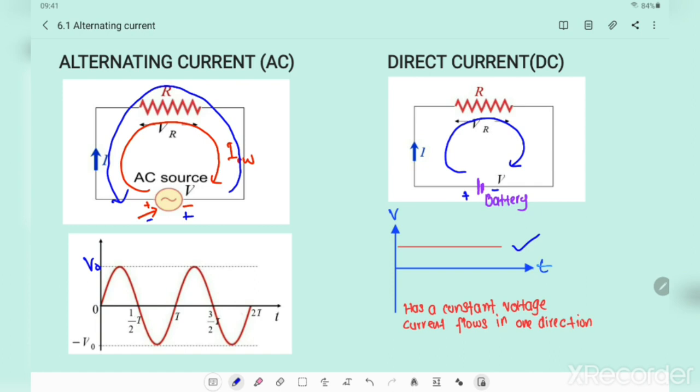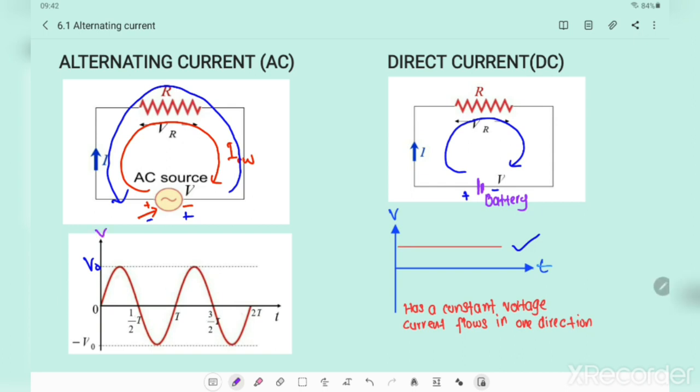When an AC flows through a resistor, there will be a potential difference across it, and this voltage is alternating and can be represented by a V-T graph.